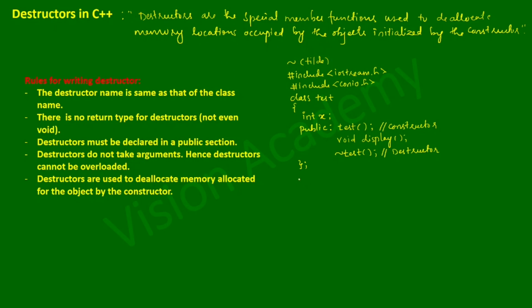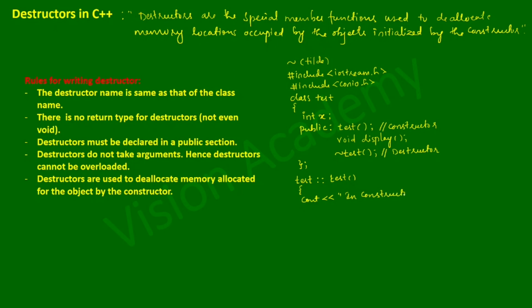Now I'm going to write here name of the class as test, scope resolution operator, and name of the function is also test only. Here I'm going to write test and open close brackets, then curly open brace. Here I'm going to write cout stream insertion operator, and I'm going to display one message called in constructor.